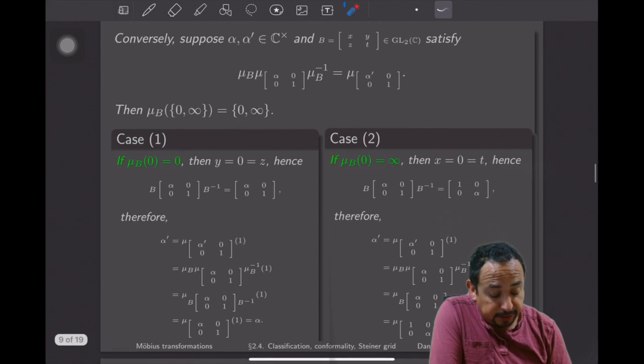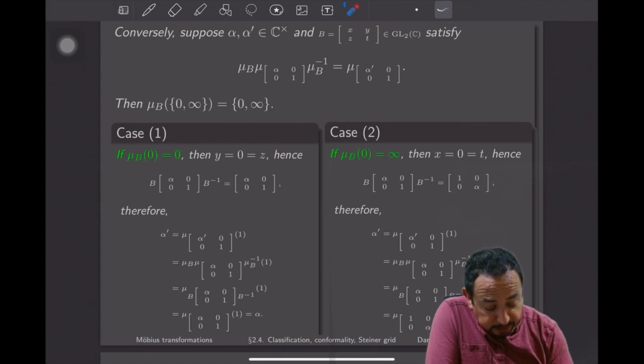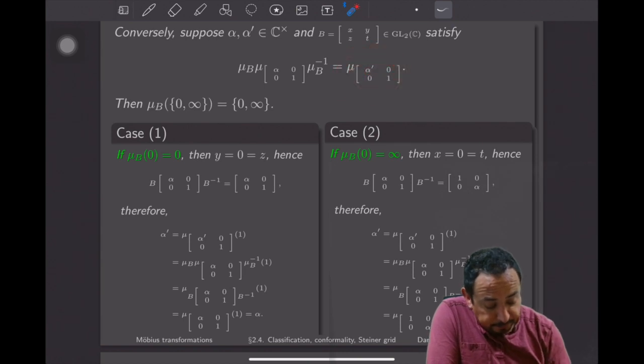So that's on the one hand, and on the other hand, when I take the Möbius transformation of this one, it gives me the Möbius transformation of this other matrix with the prime. And how can I recover the prime?